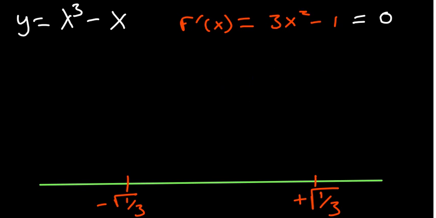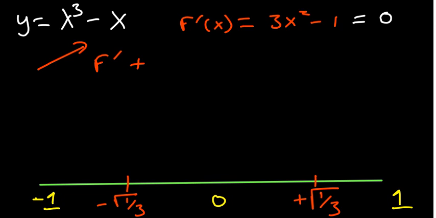Therefore, I'm able to predict that 0 is one of the numbers in between the turning points, and of course 1 is greater than the square root of 1 over 3, and negative 1 is smaller than the negative root. So we're going to use these as testing points to see the value of the first derivative. Remember we said when the first derivative is positive, it implies the function is increasing. So we'll start with the leftmost part.